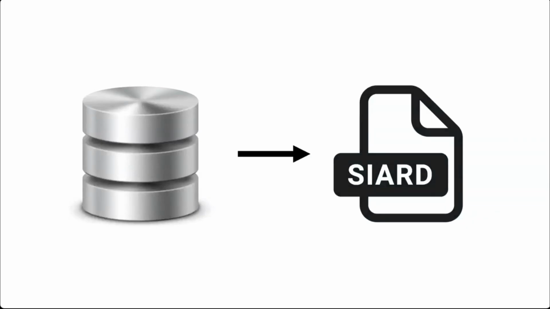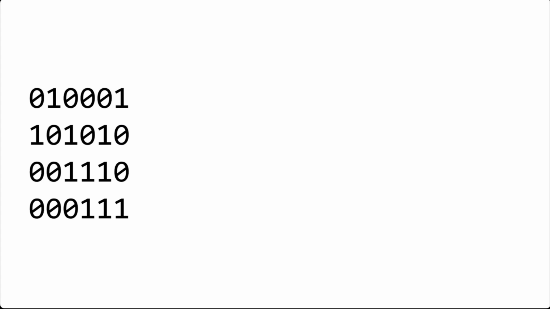SIARD stands for Software Independent Archiving of Relational Databases. And the software independence part is best illustrated like this. In a live database engine, the data is stored as zeros and ones in some proprietary format, so you cannot take the data files from one database engine and use them in another engine.